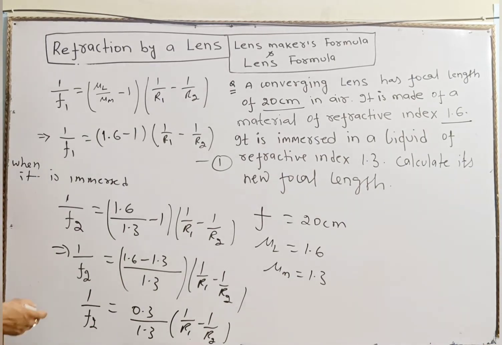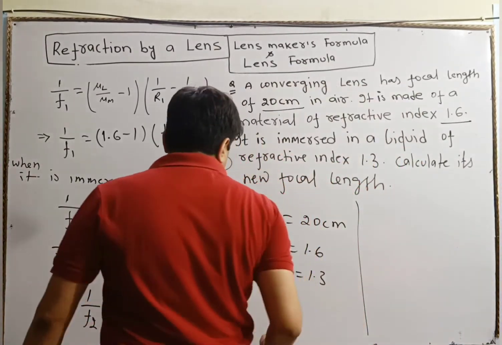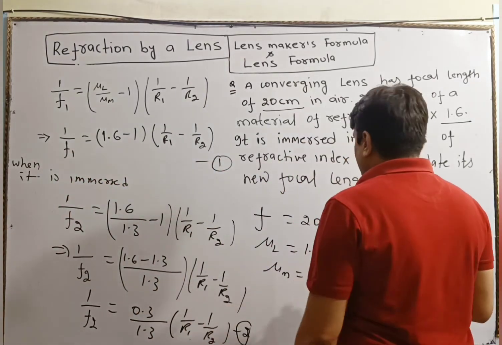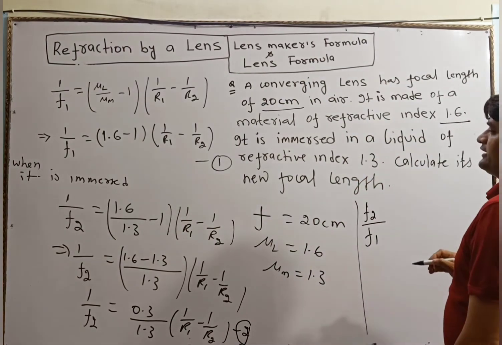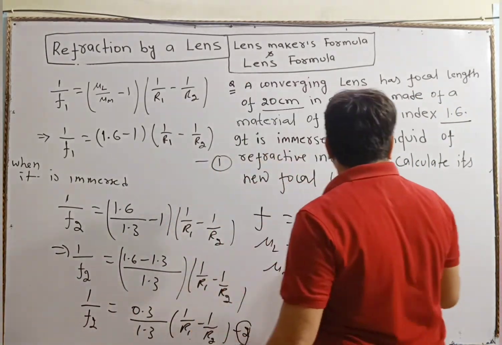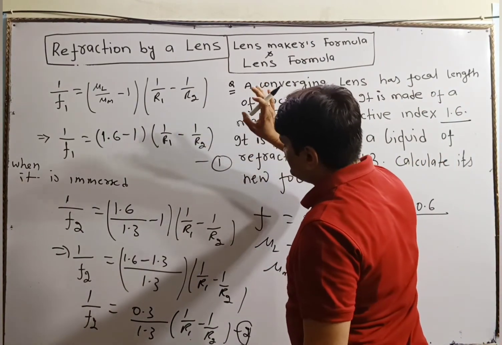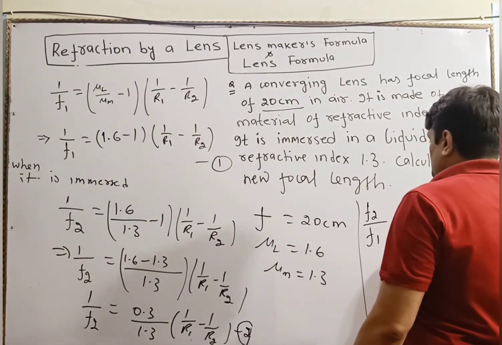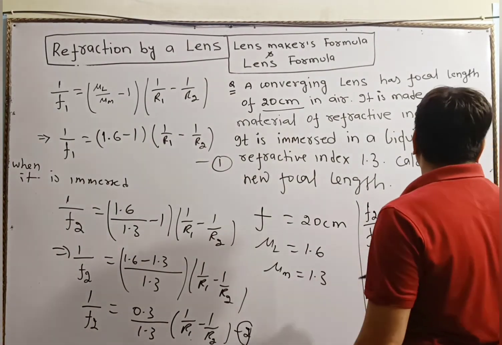Let's divide equations 1 and 2. So it becomes F2 upon F1 equals, from equation 1, 1.6 minus 1, which is 0.6, and 1 upon R1 minus 1 upon R2, which is also in equation 2, so it will cancel. So here is 0.3 over 1.3.